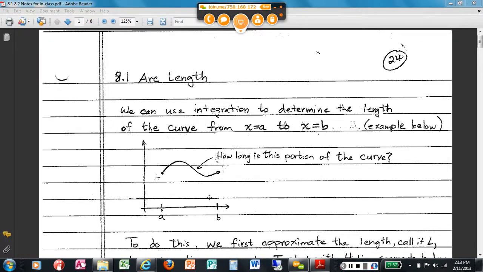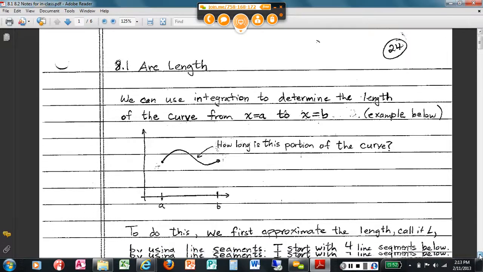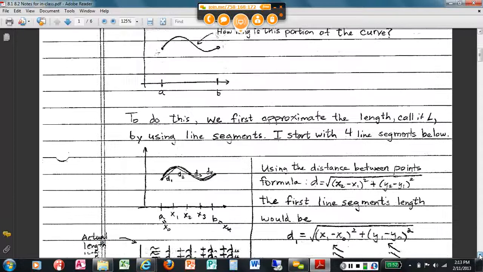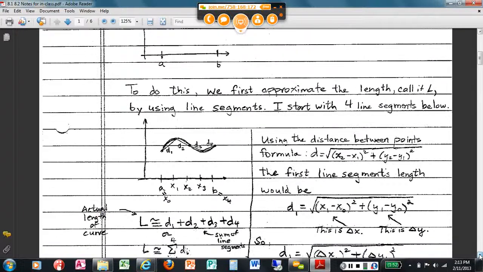Well, it's a weird looking shape, so I could get my rulers out, I guess. We'll refer to our length there as L, length L. And we're going to use line segments because we do know something about a line segment.